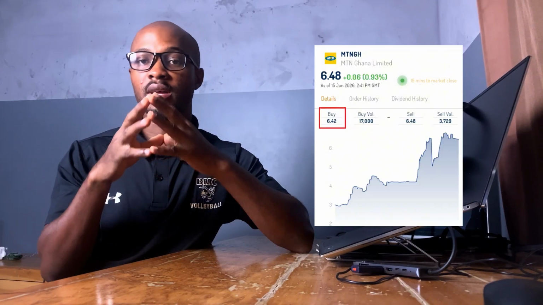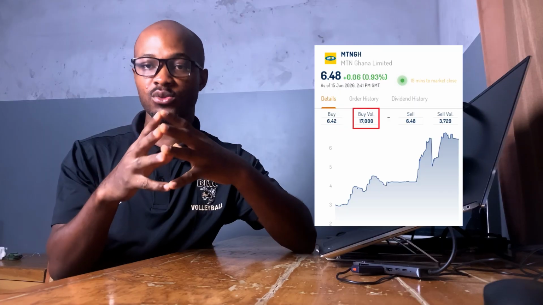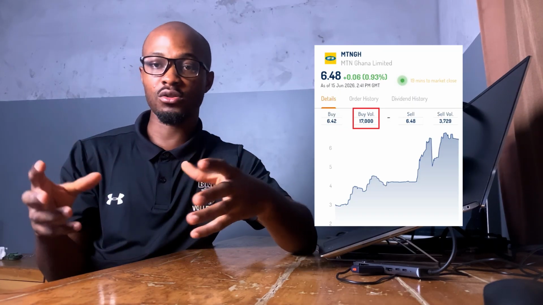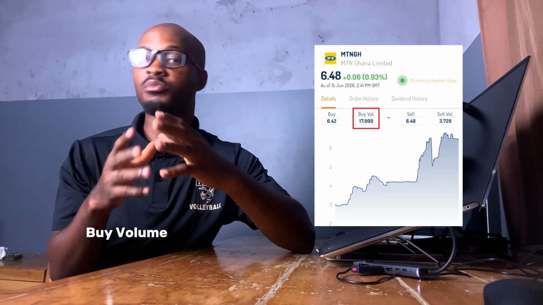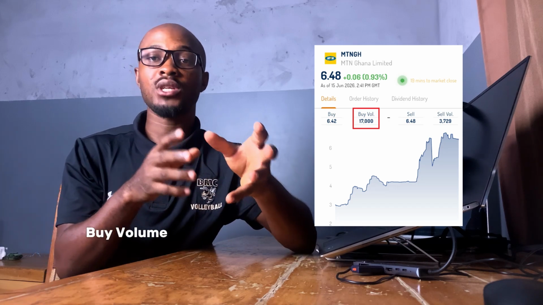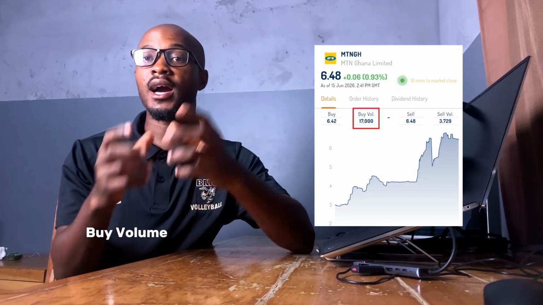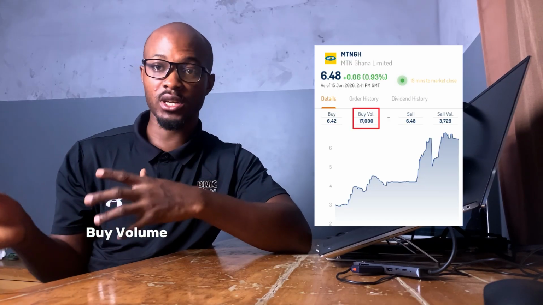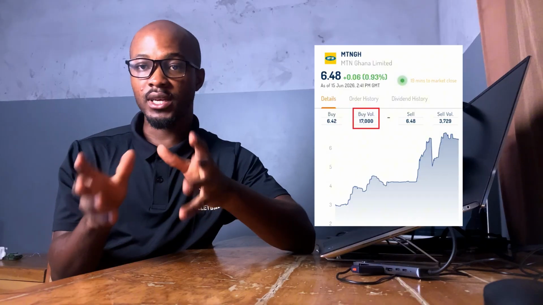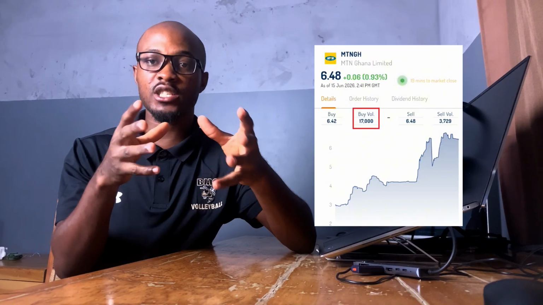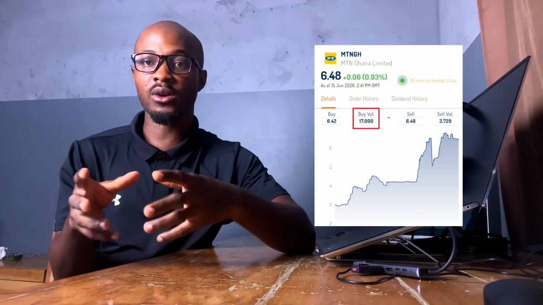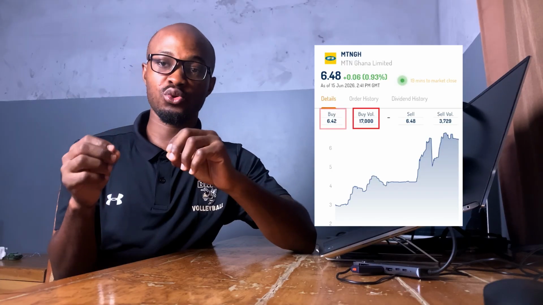Now that we've covered the buy price, let's move on to the next one, which is the buy volume. Now, the buy volume is pretty straightforward. It's telling you the total number of shares that buyers are willing to purchase at the highest buy price we just talked about. Let's use our MTN example once again. We know the highest price anyone is willing to pay right now is 6 cedis 42 pesos.